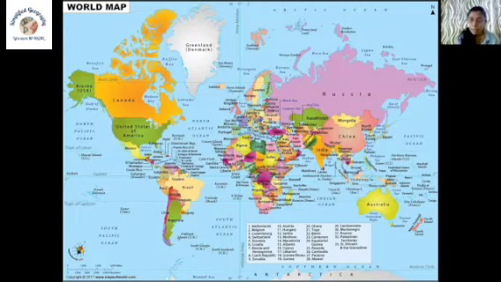When we talk about longitude, this is the longitude we have, then comes the latitude we are having.